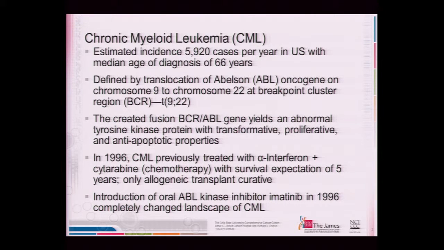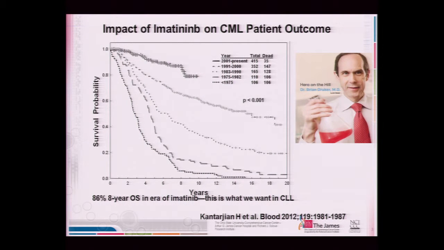And as a fellow, this was treated with interferon and cytarabine, chemotherapy, and unless you were transplanted, your survival expectation was 5 years. And the introduction of a targeted drug, Imatinib, that targets this fusion gene, the BCR-ABL, completely changed the landscape of CML.